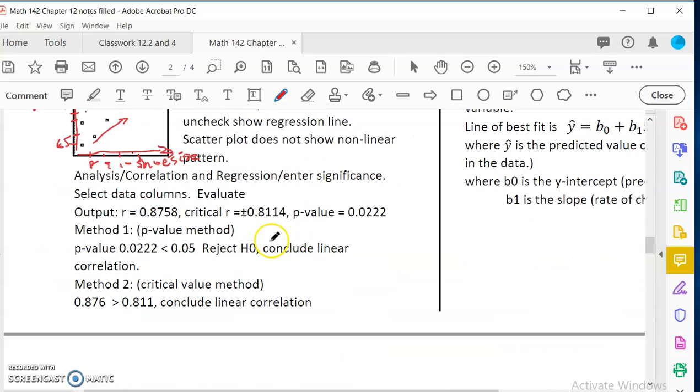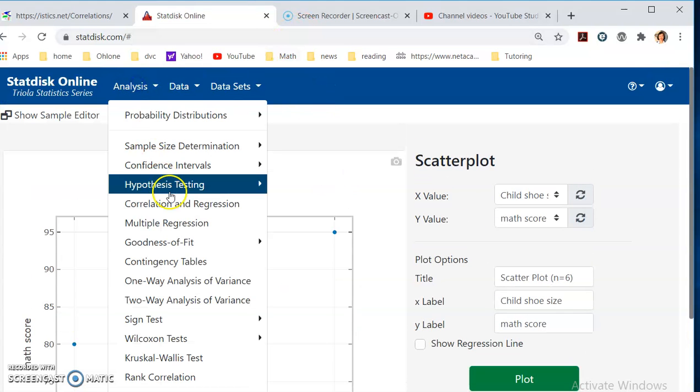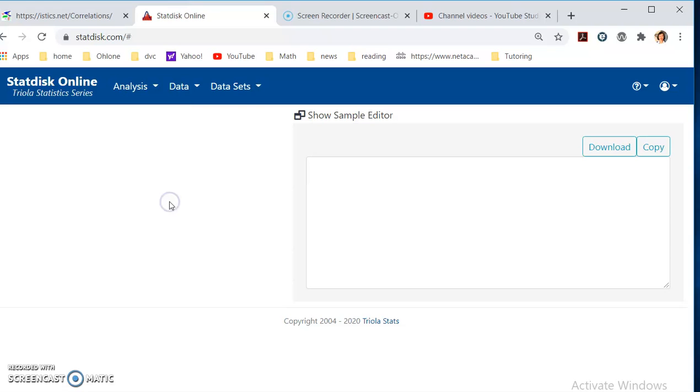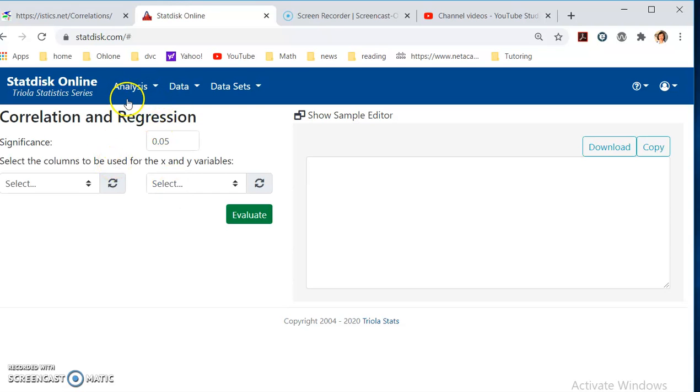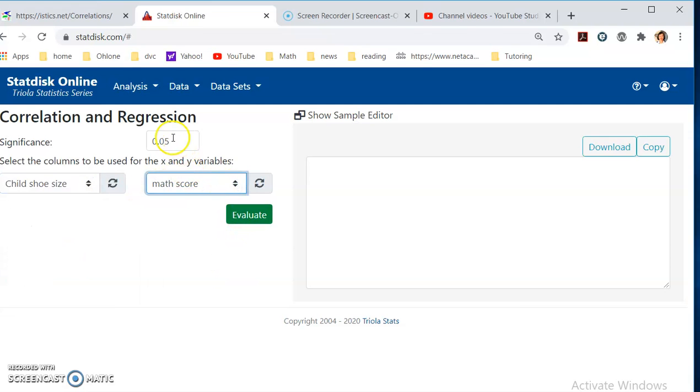Now the next thing is to determine if the linear correlation is actually significant. We use alpha equal to 0.05. I will go through this one more time. After we graph the scatter plot, we do Analysis, Correlation and Regression, with child shoe size and math score.